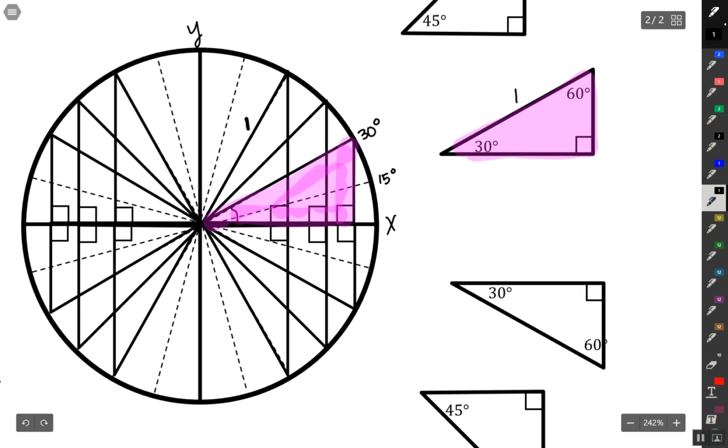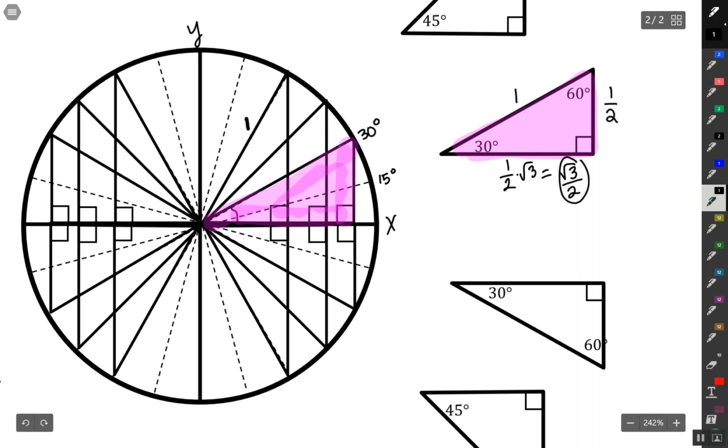So the hypotenuse is 1. Remember that the short leg is half of that. So we're just going to call it half. And then to get the long leg, we have to multiply the short leg times the square root of 3. So 1/2 times the square root of 3, or rad 3 over 2, which is how we're going to write it.